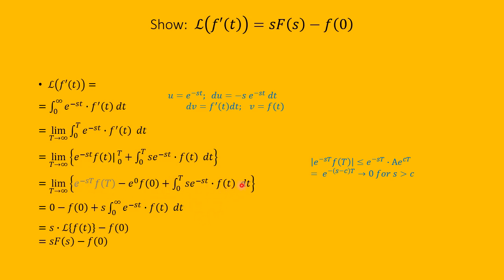So the limit of this stuff right here is just going to be s times the integral from 0 to infinity of e to the minus st f of t dt. And then this term is s times the Laplace transform of f of t. And this term right here gives us this minus 0. This can be simplified a little bit further into s capital F of s minus f of 0.